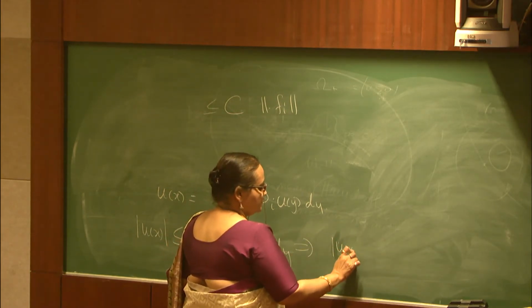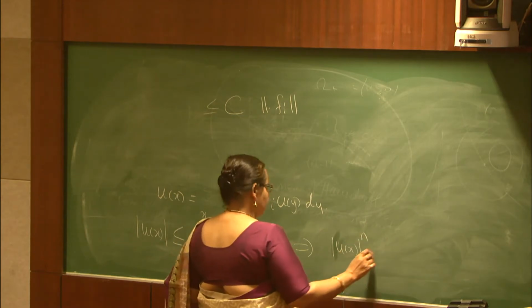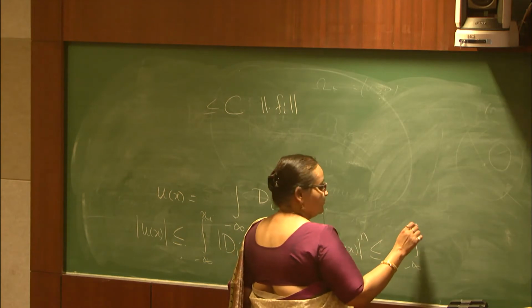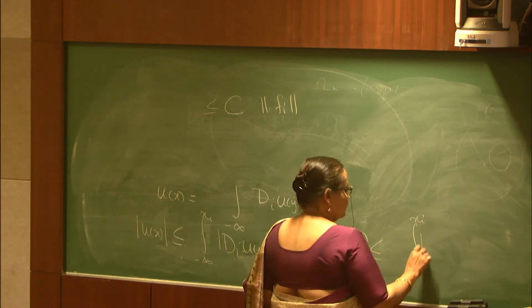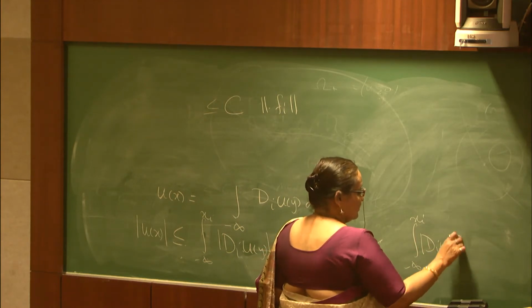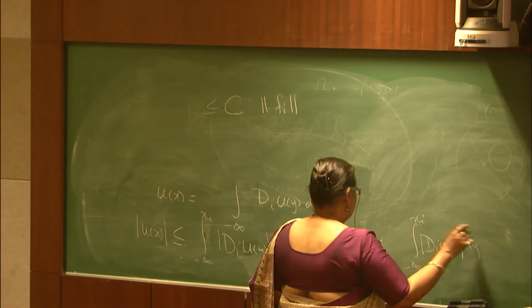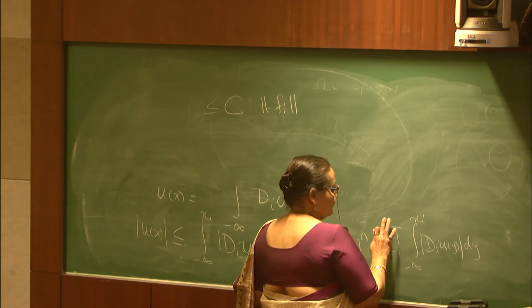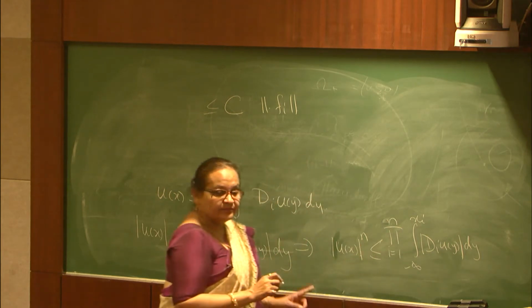mod ux power n is less than equal to integral minus infinity to xi di of u y dy. So this is product i goes from 1 to n.